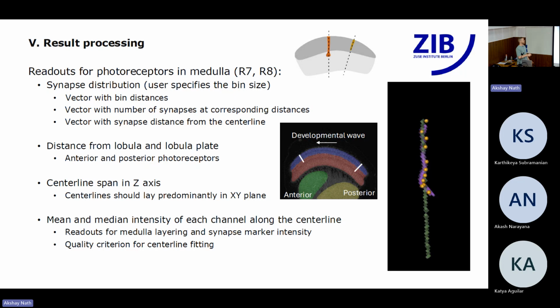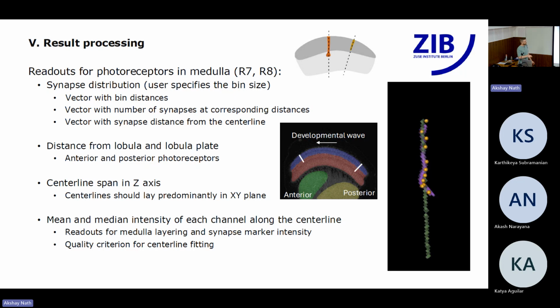The user can specify the bin size of this distribution. We save the vector with bin distances, and then another vector which contains the number of synapses corresponding to each bin. Additionally, we save the distance of each synapse from the center line.